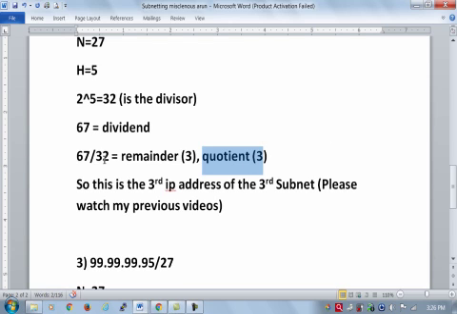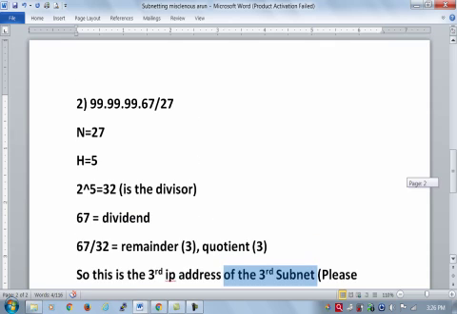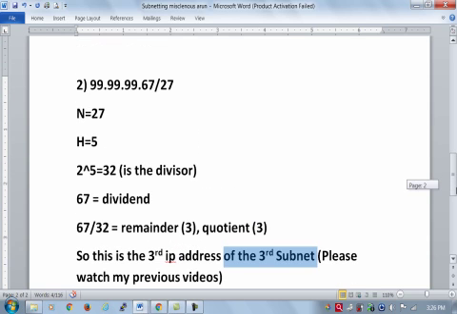From this I can identify that this is the third IP address of the third subnet. Now again this is very easy. When I was solving the problem, if you check my previous videos, you will understand that I had my first network address as 99.99.99.0/27.